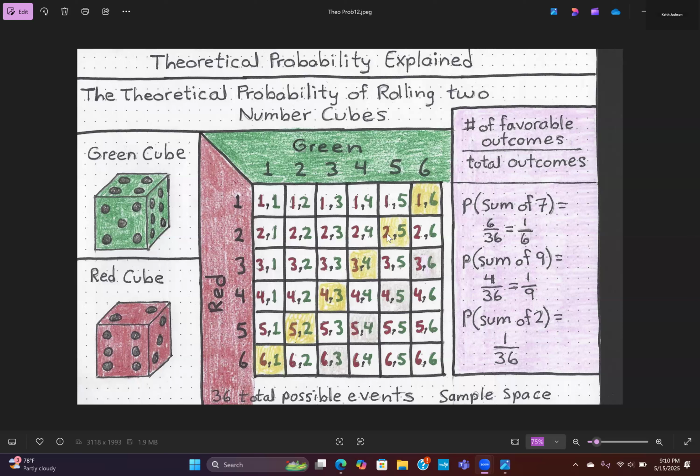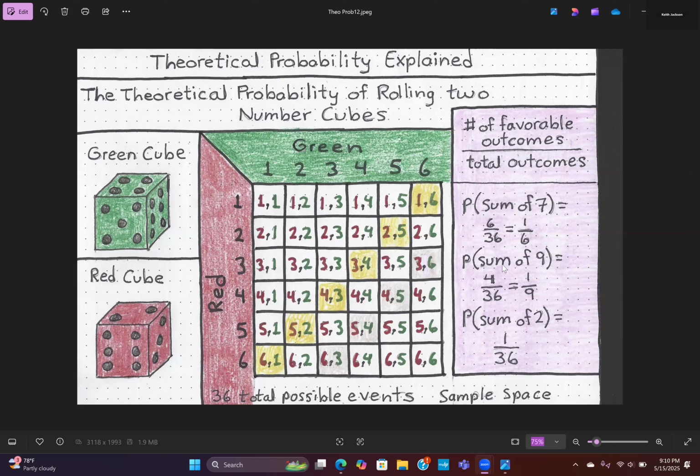We can get a red 2 and a green 5. We can get a red 3 and a green 4. Then we can get a red 4 and a green 3, a red 5 and a green 2, a red 6 and a green 1. And as you count them, you will see that there are 6 out of 36 possible ways to roll the sum of 7 when you roll those two number cubes together, and that simplifies to 1/6.